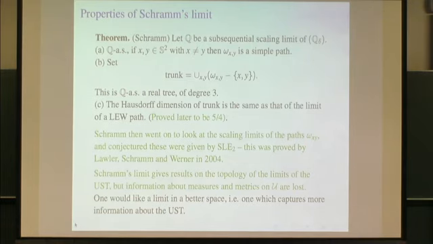So Schramm's limit gives the results on the topology of the limits of the uniform spanning tree, but information about measures and metrics on it are lost by this approach. So what one would like is a limit in a better space which captures more information about the uniform spanning tree.